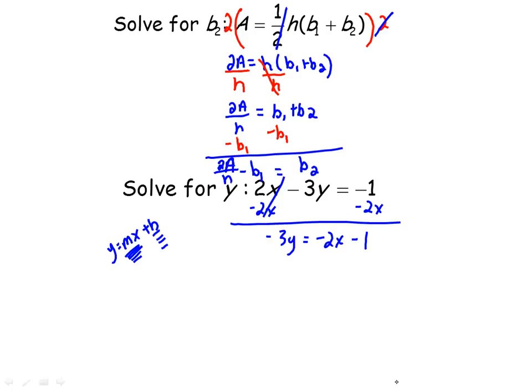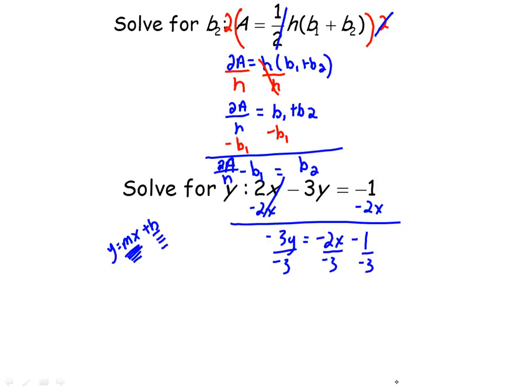All right, Marcus, what's the next step? If I wanted to get y by itself, that says negative 3 times y, what am I going to do? Yes. And when you divide by negative 3, watch this. There's 3 terms. So you're going to divide all 3 terms by negative 3.